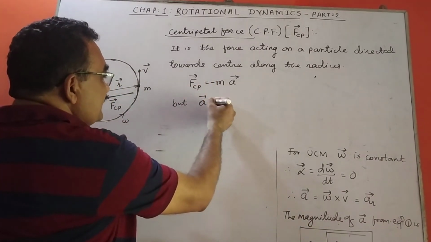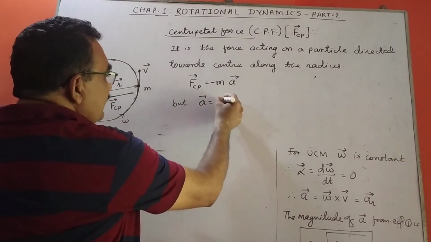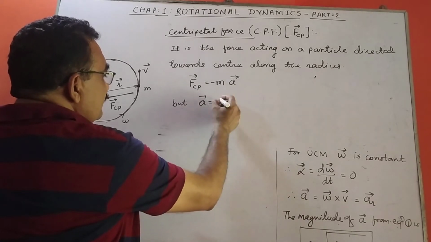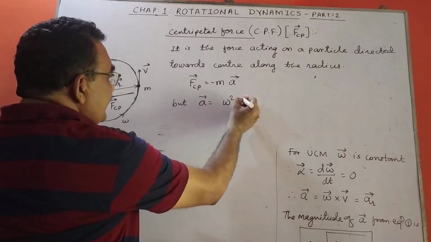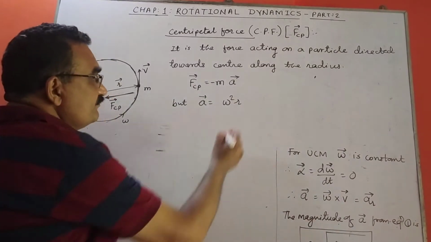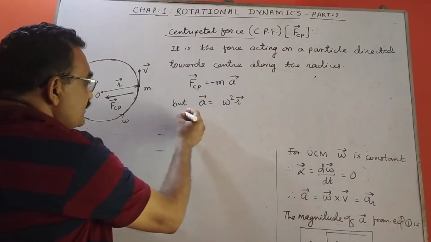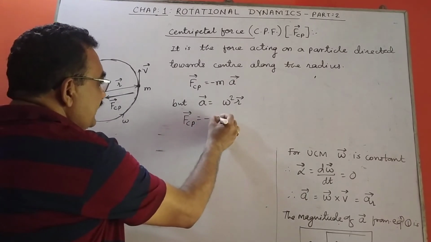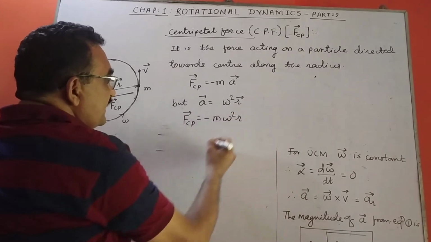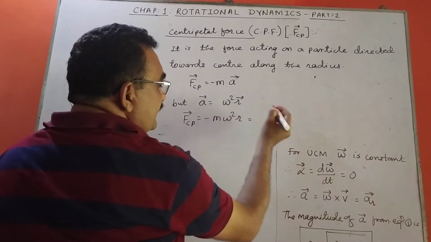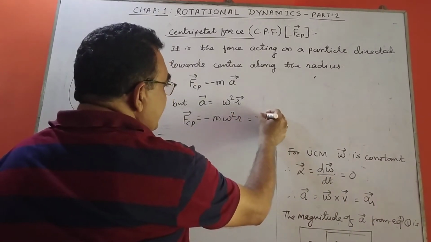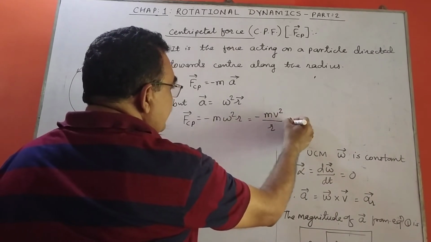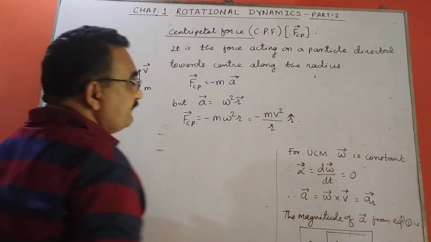We can express this a as omega square r, vector r. So FCP is equal to minus m omega square r, as well as in terms of linear velocity it is minus mv square upon r into r cap.